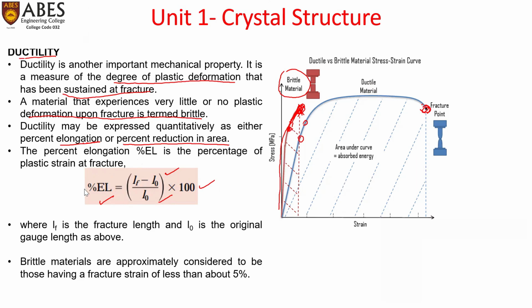We can measure ductility in terms of percent elongation, where Lf is the fracture length and L0 is the original gauge length. Brittle materials are approximately considered to be those having a fracture strain of less than about 5%. So if the fracture strain is less than this, then it is called brittle material, and if it is greater, then it is called ductile.